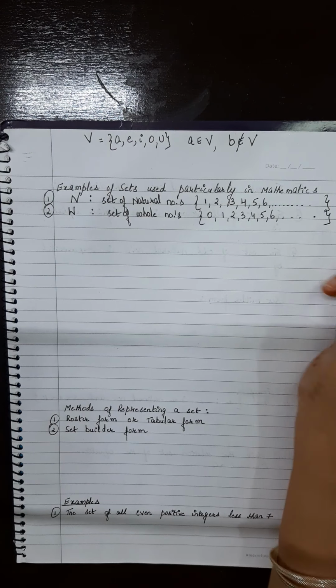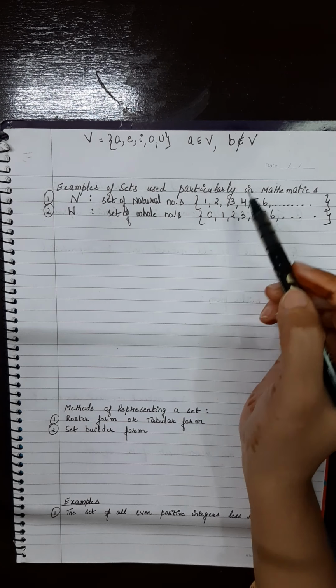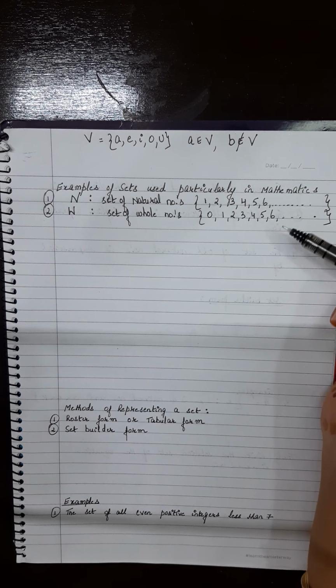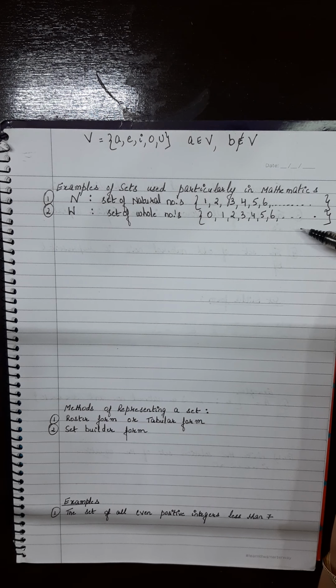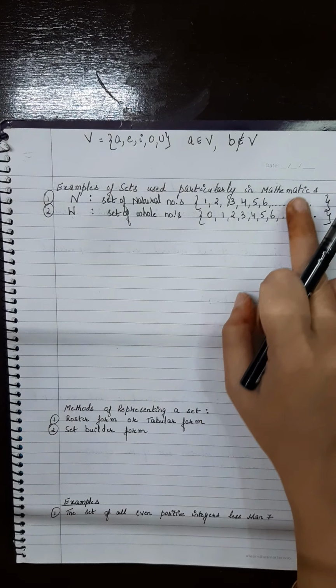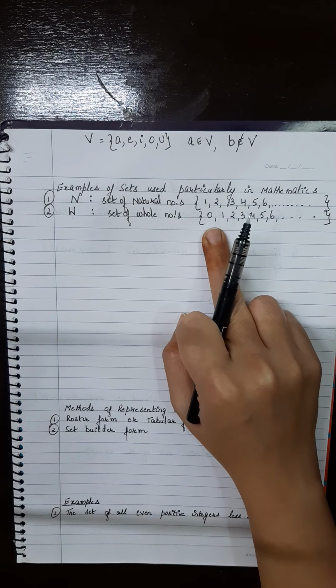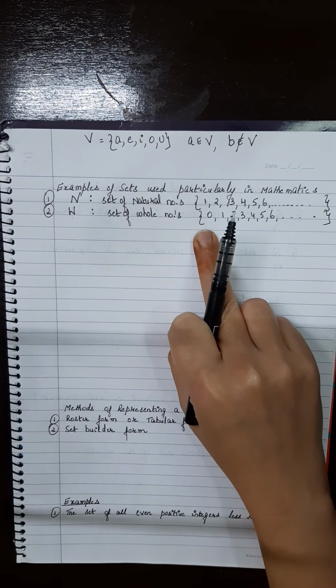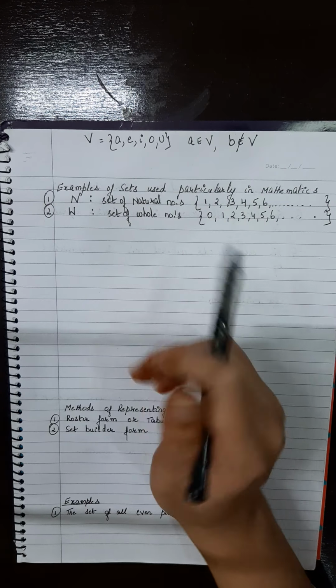So it becomes the set of whole numbers. So can I say every natural number is a whole number? Yes, because every natural number is there in the set of whole numbers, but not conversely. A whole number need not be a natural number because there is an element 0 which is a whole number, but it is not a natural number.